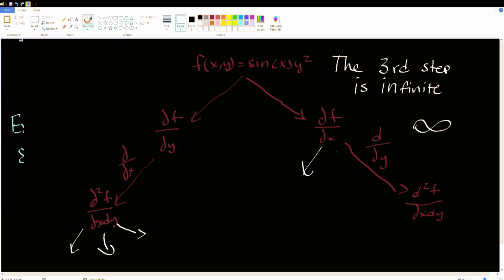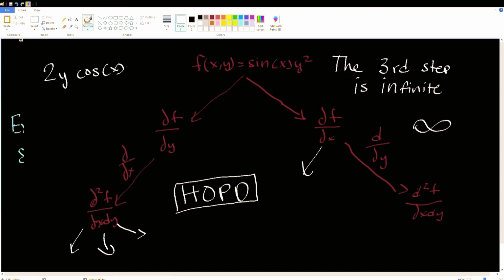There are infinite directions you can go in order to find a high order partial derivative, or HOPD, like I like to call it. Our answer for the high order partial, partial squared of f over dx dy, was ultimately 2y times cos of x, which we could have gotten going either way.